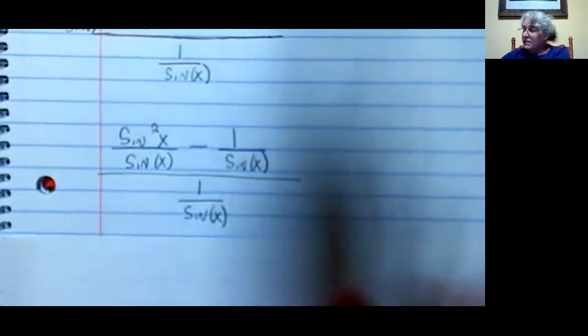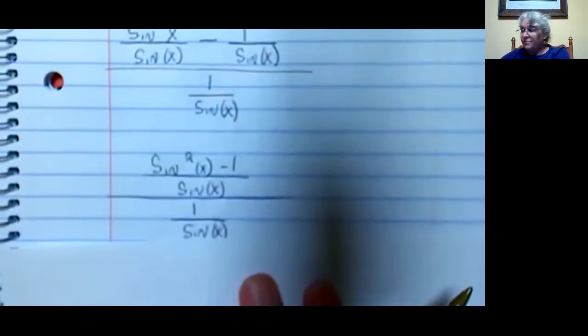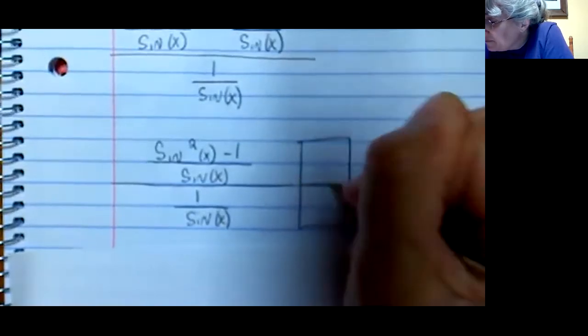All right, well, these now have the same denominator. Let's put them together. We end up with sine squared x minus 1 over sine of x over 1 times the sine of x. Well, if I take my reciprocal, which is just another way of saying I'm going to take a giant 1 here, and multiply, because here comes your big ones, right?